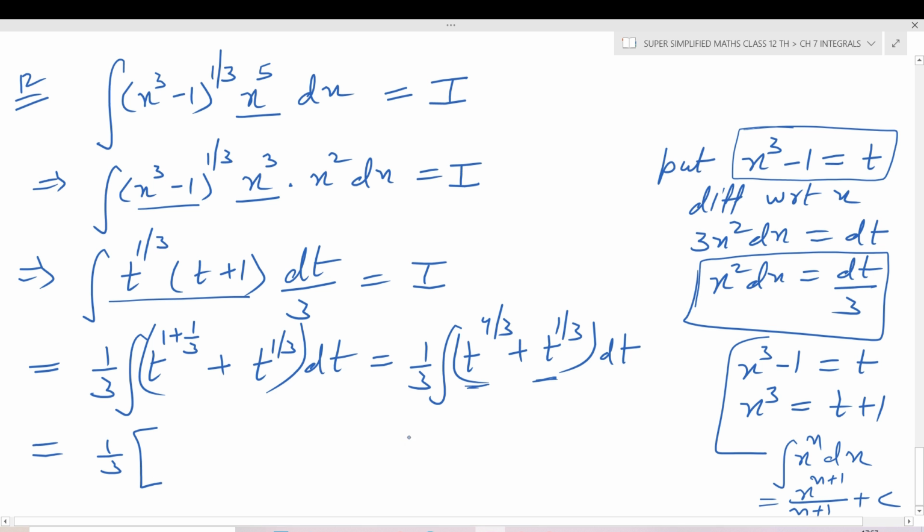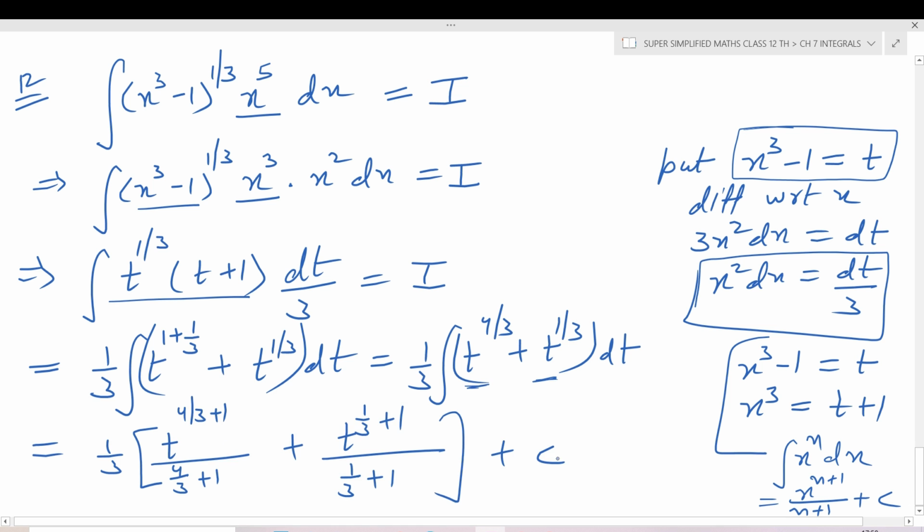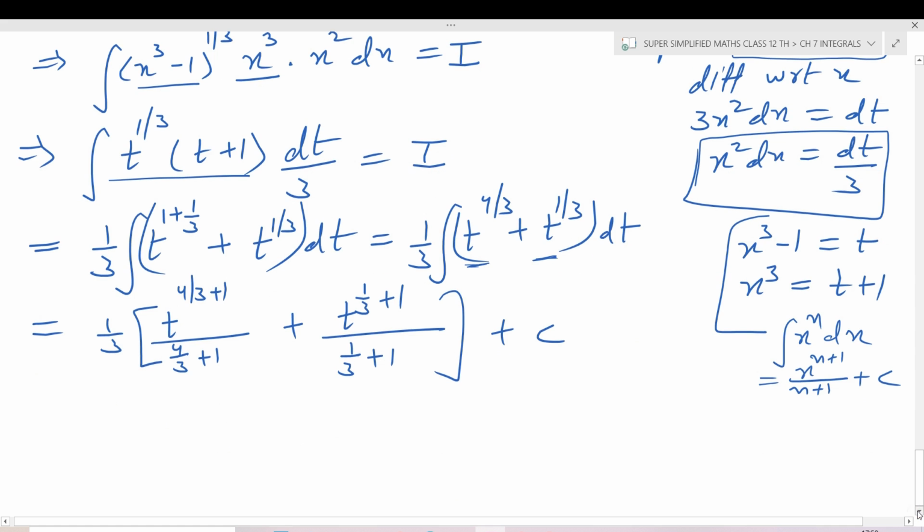Its integration is going to be t raised to the power 4 by 3 plus 1 upon 4 by 3 plus 1 plus t raised to the power 1 by 3. Its integration is going to be t raised to the power 1 by 3 plus 1 upon 1 by 3 plus 1 plus the constant of integration. Now students, you have integrated.